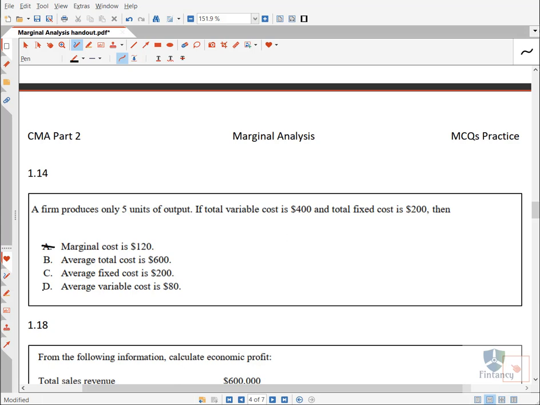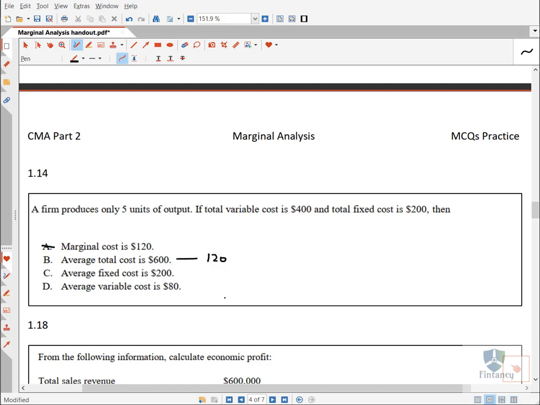Now let's eliminate B. They say that the average total cost is 600. No, how much is the total cost? The average total cost is 120. How can you get 120? I say the average total cost is 120, not 600.